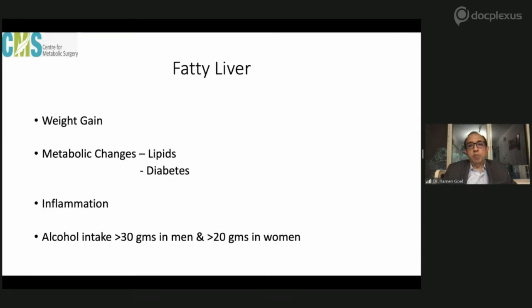It could be because of metabolic changes, so somebody has dyslipidemia, somebody has diabetes. Then there are inflammatory diseases, as he mentioned. And somebody who is taking alcohol, it's a separate disease, but it presents as fatty liver. If somebody is consistently having a large quantity of alcohol on a daily basis, then they are likely to have alcoholic liver disease, which also presents as a fatty liver.